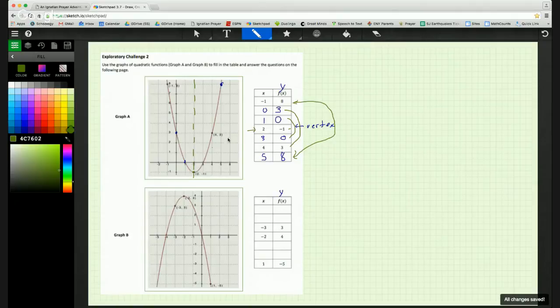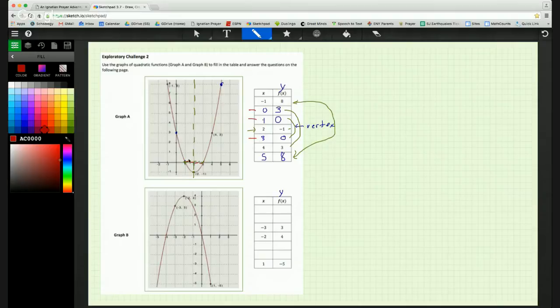If I go 1 away to 1, 0, and then 1 away on the other side, I get 3, 0. So these 2 points are my mirror points.